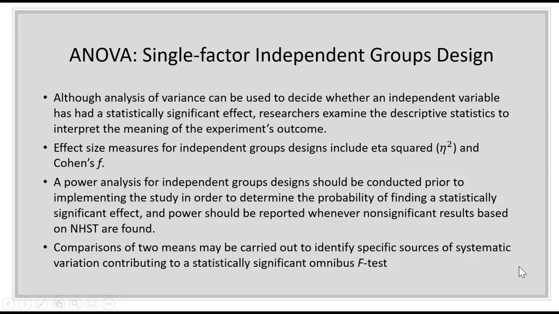As Shaughnessy et al. say, when you're doing an ANOVA in a design where you have more than two groups, if you find that there are differences present somewhere, then you can make between groups comparisons two at a time.